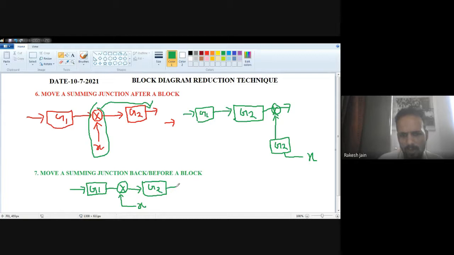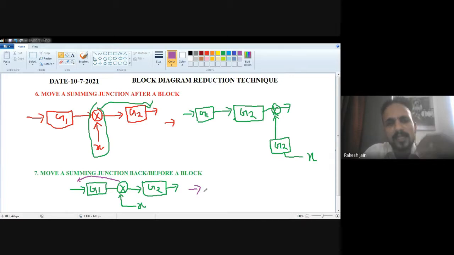Now, according to this, I want to show you that let's suppose I wish that this summing junction will be moved back to this block. Then is it possible? Yes. The block just comes with the summing junction in reciprocal manner. Just the opposite type of statement compared with the previous pickoff point movement before a block, because whenever the pickoff point moves before a block, then the block will come directly.